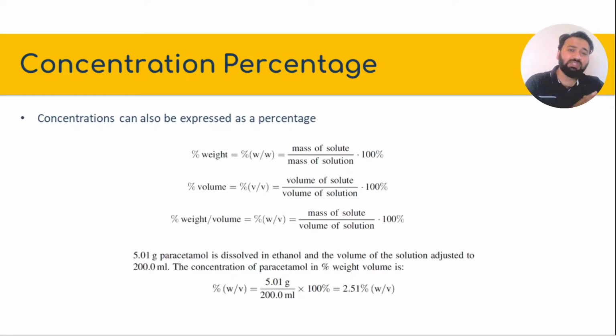Percentage volume, however, is used to express the concentration of liquid in liquid samples only, or gas in gaseous samples. So percentage weight is used for solid or liquid in solid or liquid samples, while percentage volume is used for liquid in liquid samples or gas in gas samples.